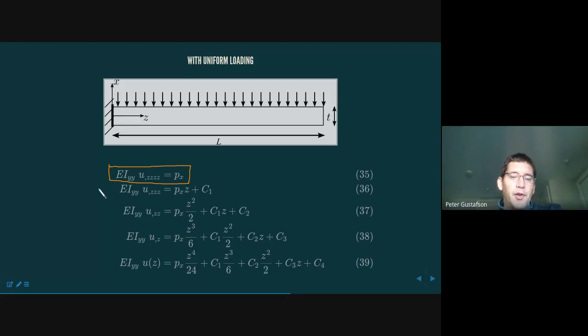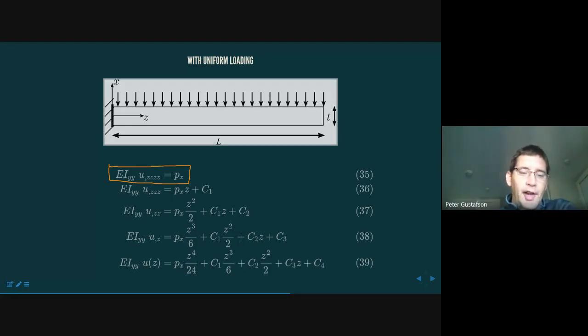So the second equation shown here on the list, EI u comma z, third derivative, is now going to be equal to px times z. So we're integrating with respect to z. And we can't forget to add the integration constant, this time called C1.